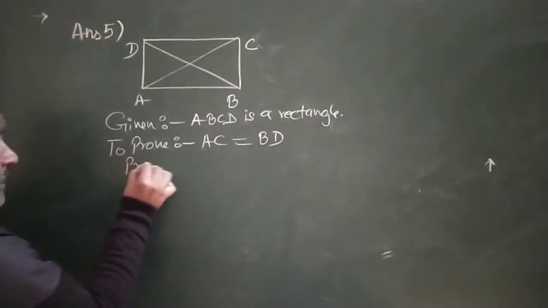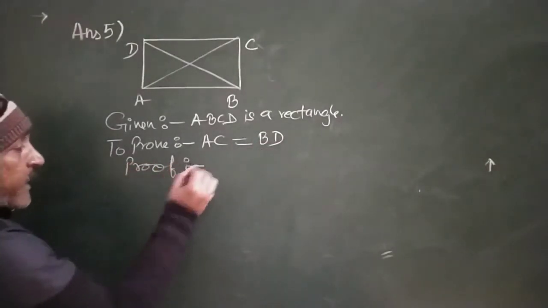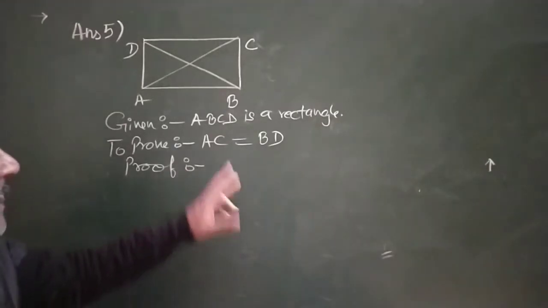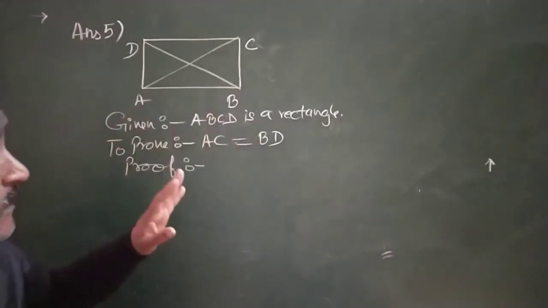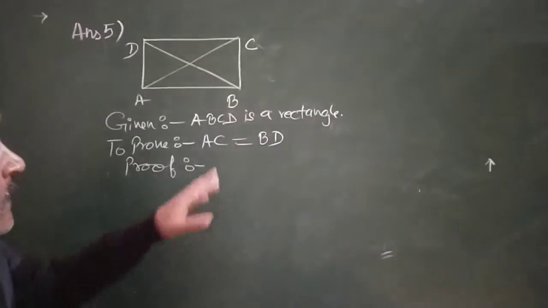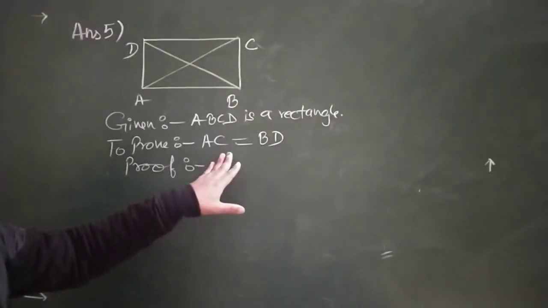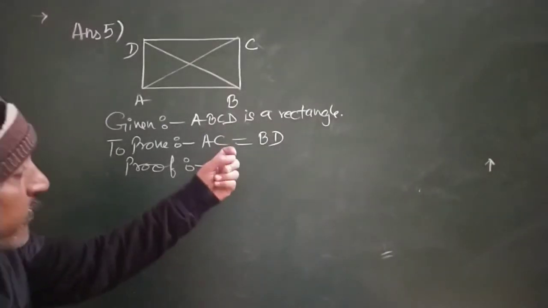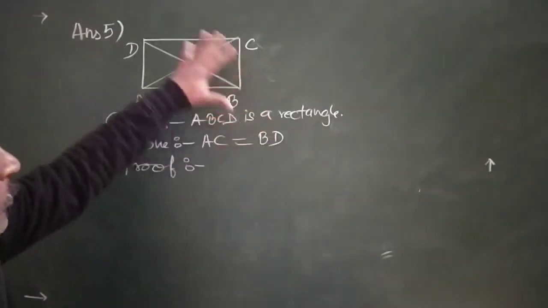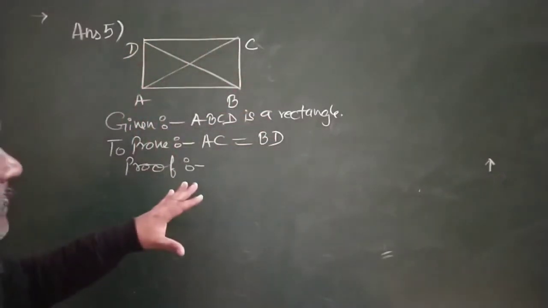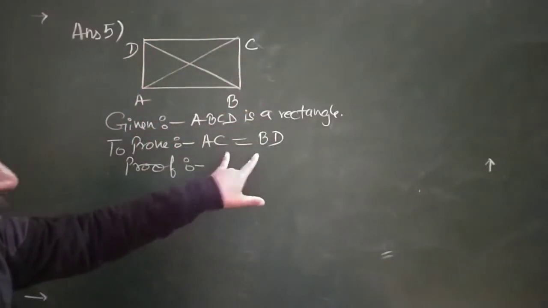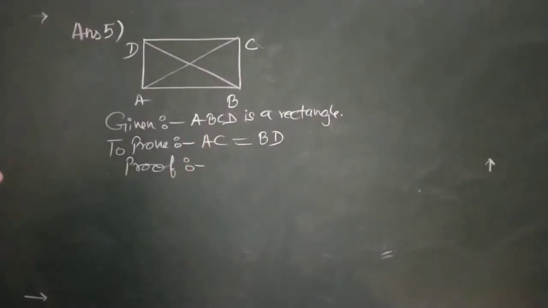Before proving, keep this in mind: it is given that ABCD is a rectangle, and we all know that the diagonals of a rectangle are equal. But in this question, we can use all the properties of a rectangle except this property, which we have to prove. So we will choose two triangles in which AC and BD are coming.